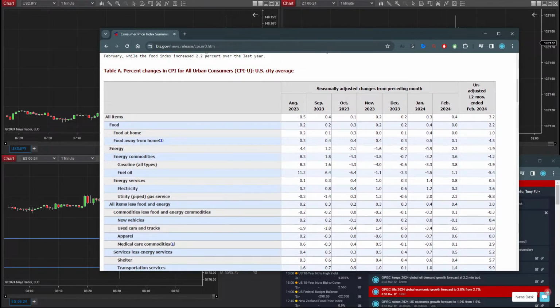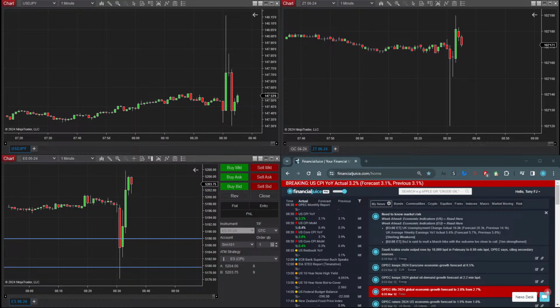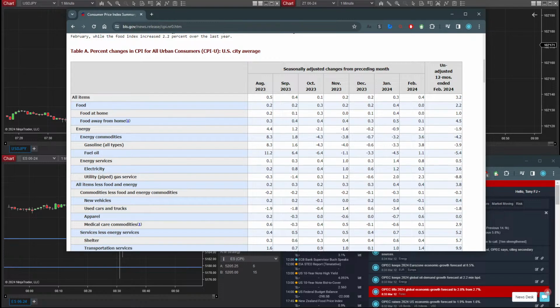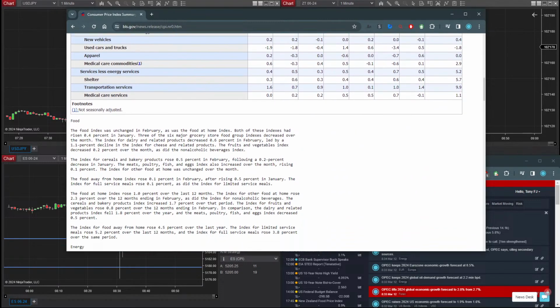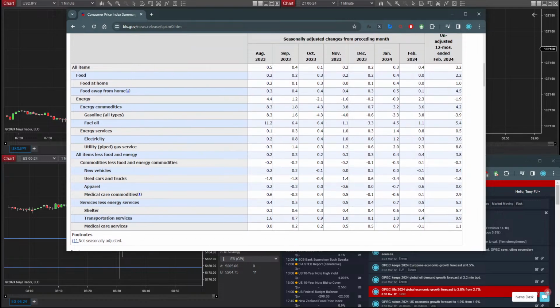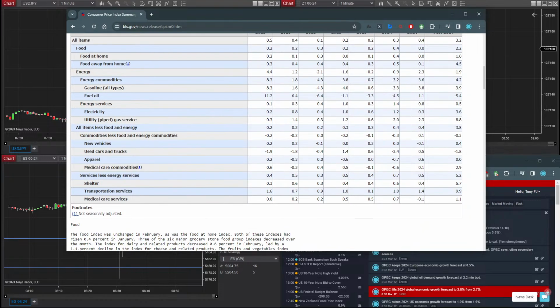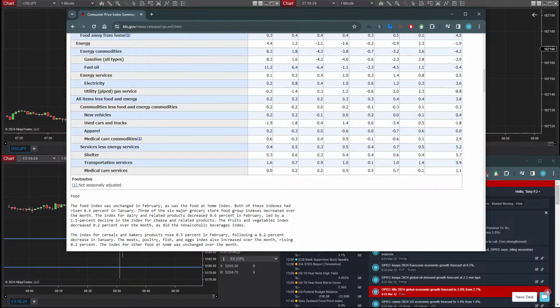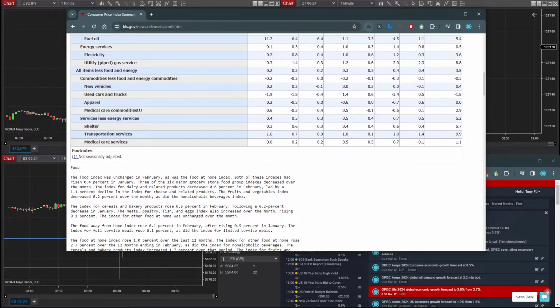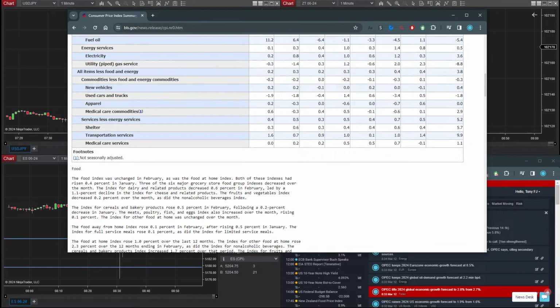Now let's just see what else there is. Nope. Okay, I'm not seeing anything in here. That's kind of convincing me why there was a bit of a whip as of yet.